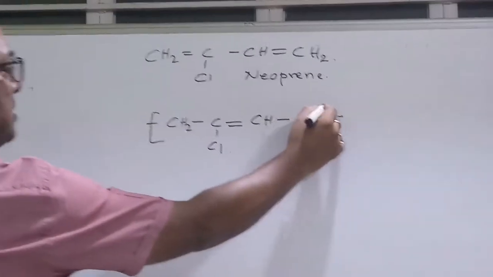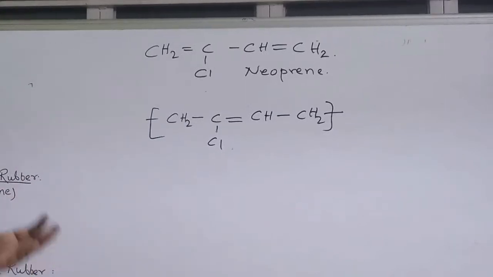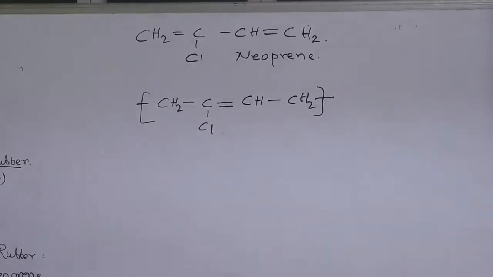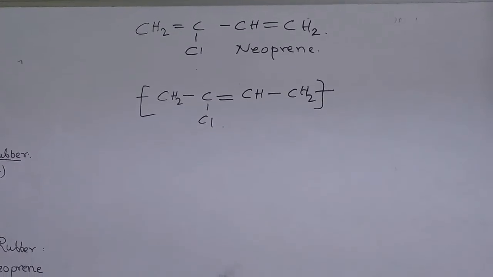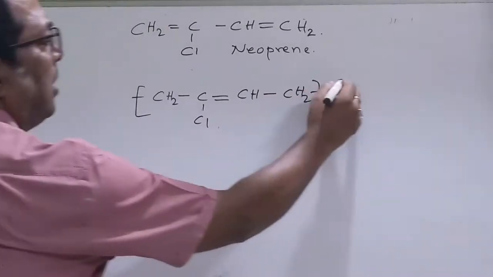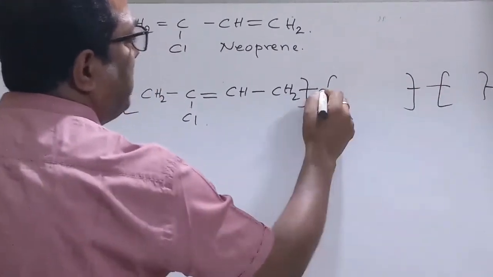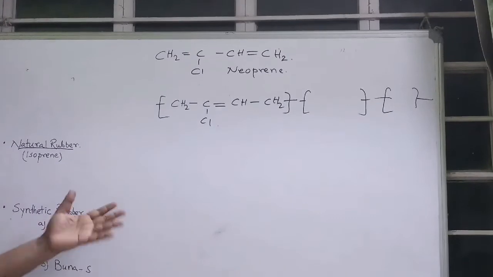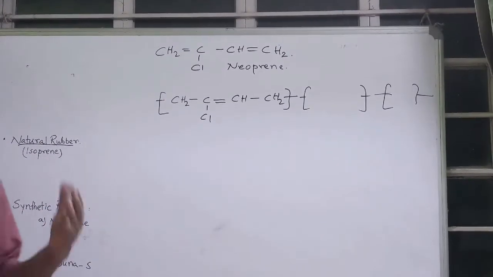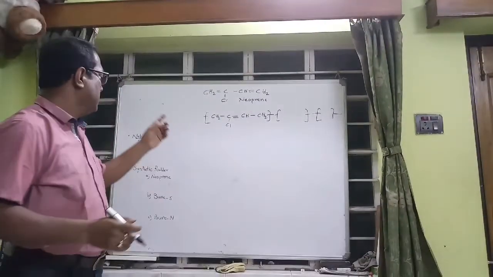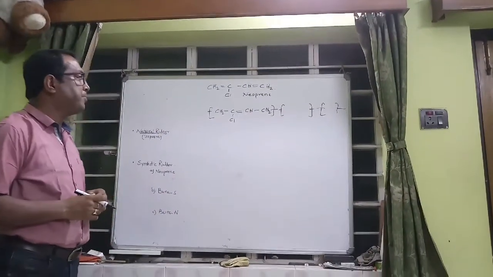So here you can see this is what we call a monomer of this polyneoprene, what we call it as a synthetic rubber, and this goes on multiplying, here to being a big polymer. Usually we make around 11,000 to 20,000 monomers makes here the synthetic rubber, the neoprene.